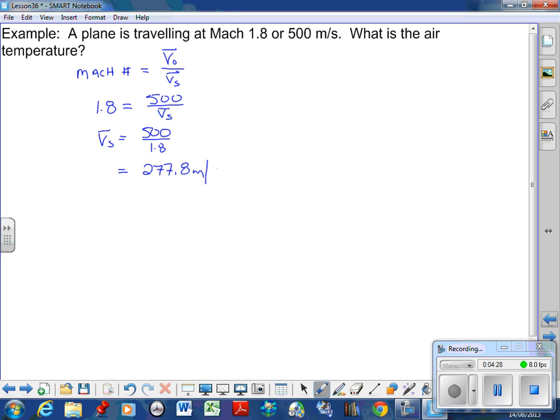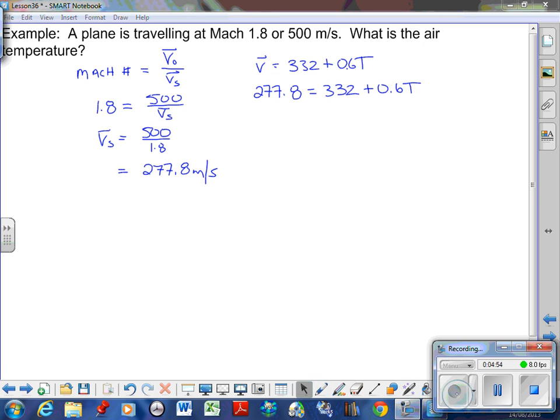277.8 meters per second. Now, the second step then is to use your velocity of air formula to determine the value of T. So 277.8 equals 332 plus 0.6 T. As we solve that down, we end up with negative 54.2 equals 0.6 T. Divide that by 0.6, and we get negative 90 degrees Celsius.